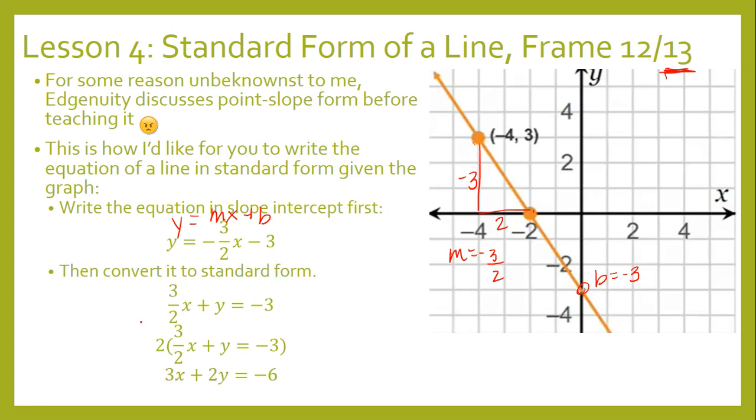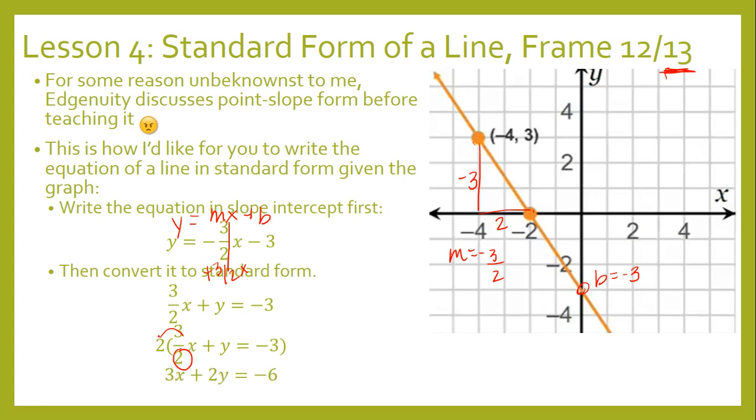So now it's become something that we discussed earlier in class today, where you're trying to convert from slope intercept form to standard form by adding 3 halves x to both sides. That's 0. And then I have 3 halves x plus y on the left-hand side. Now I multiply by 2, the number in the denominator here, to make my coefficient a whole number.